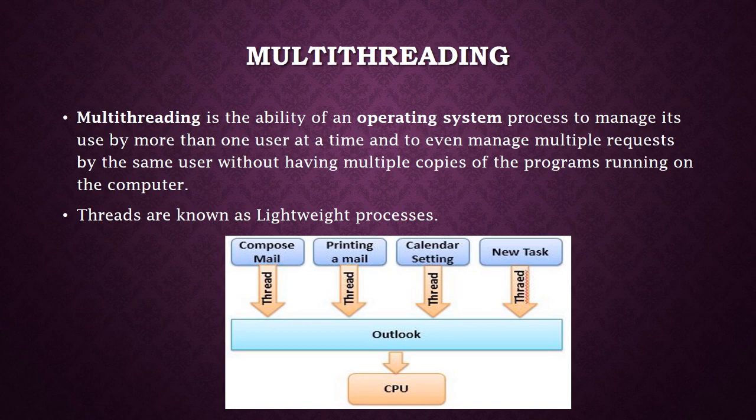So, multithreading is the ability of an operating system process to manage its use by more than one user at a time and to even manage multiple requests by the same user without having multiple copies of the program running on the computer.